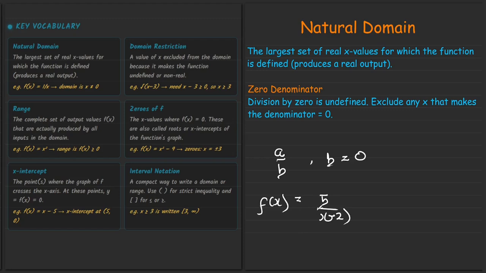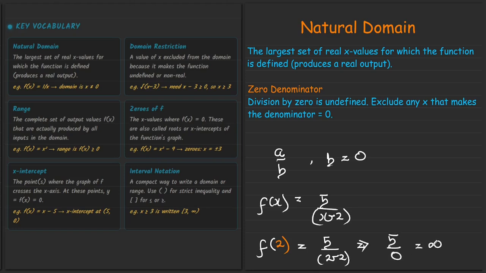If you have to evaluate this, and then say we actually want f of 2, what is going to happen? So we are going to get 5 over x, which in this case is 2. So 2 minus 2. And we know what 2 minus 2 gives us. We have 5 over 0.